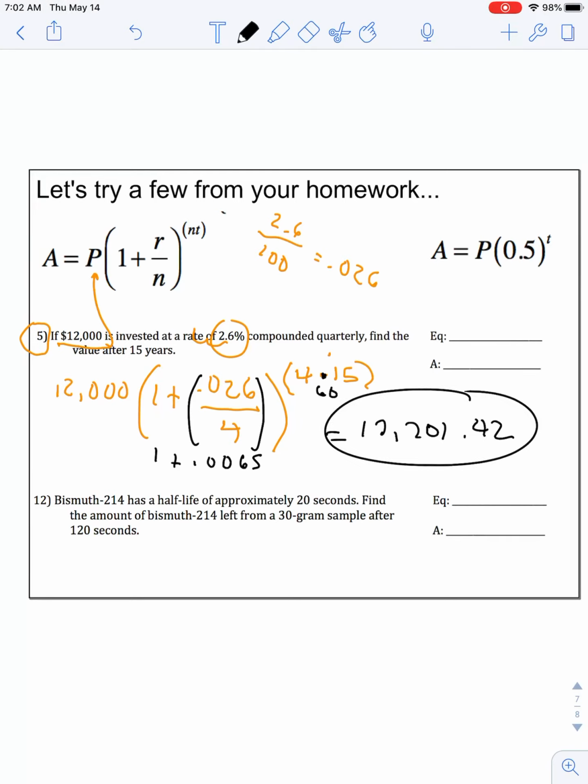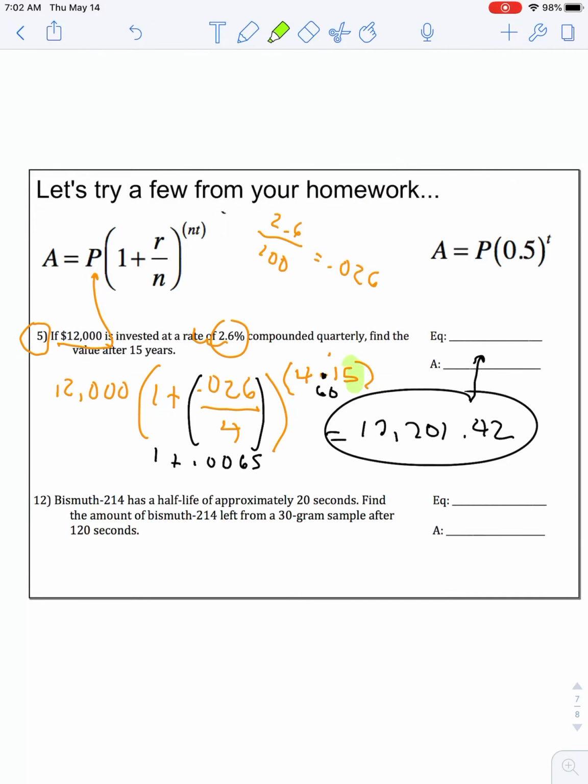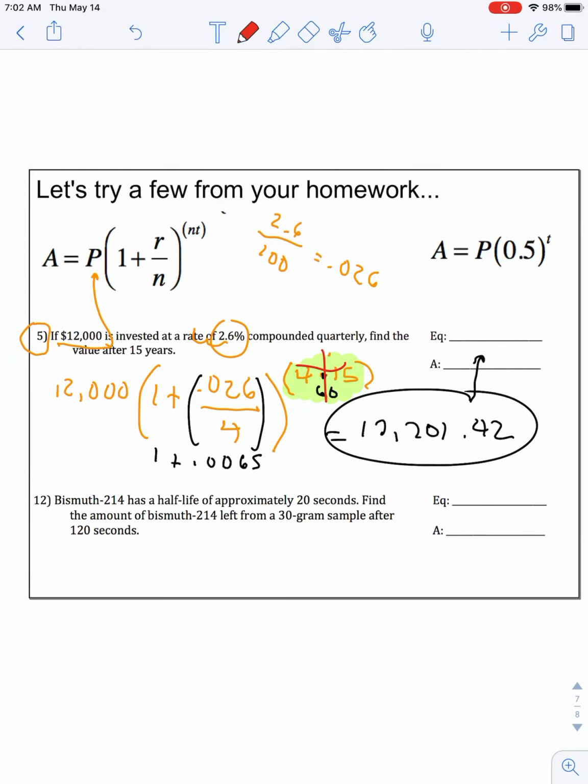So I'm not writing these on the line, but this would be where your answer would go, and your equation would actually go in here. A lot of times you're going to see the equation on the answer key. They're going to leave the time in your equation as a big T so that you can keep varying it.